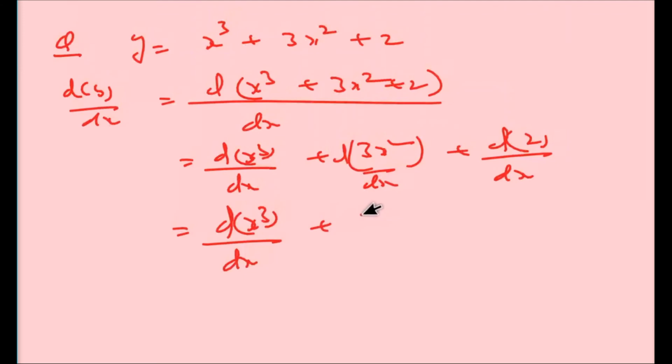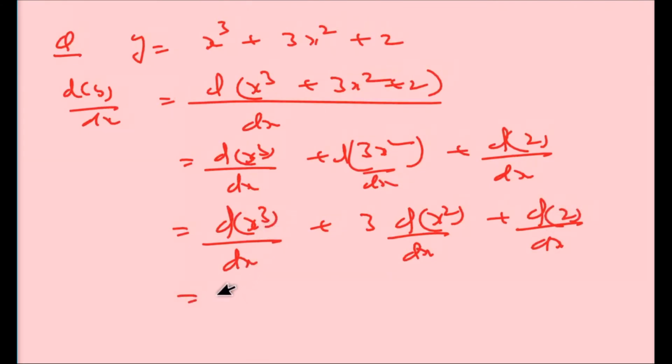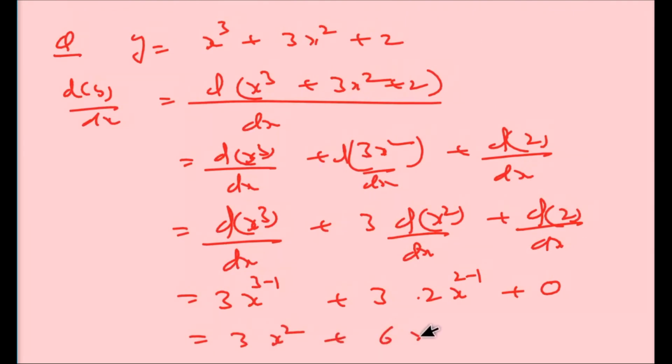Okay, taking the constant outside. Okay, now the differential of x to the power n is n x to the power n minus 1, and of a constant it is 0. So this way, if you learn the basic formula, then you can solve the answers.